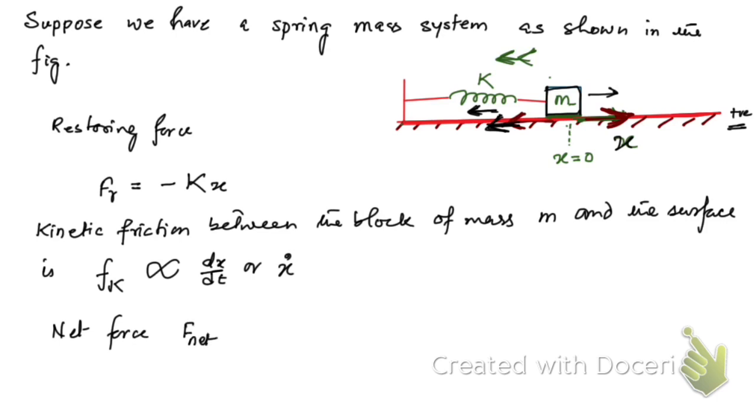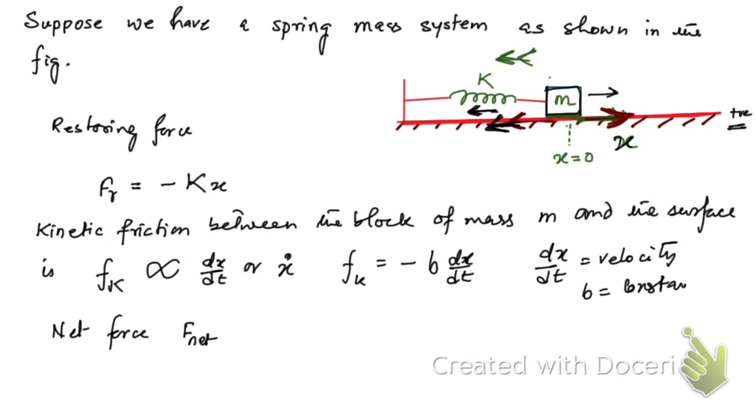So we can write the kinetic friction Fk equal to minus b dx/dt, the time derivative of x, which is nothing but the velocity, and b is the constant of proportionality. Then the net force acting on this block will be given by the restoring force and the kinetic friction.